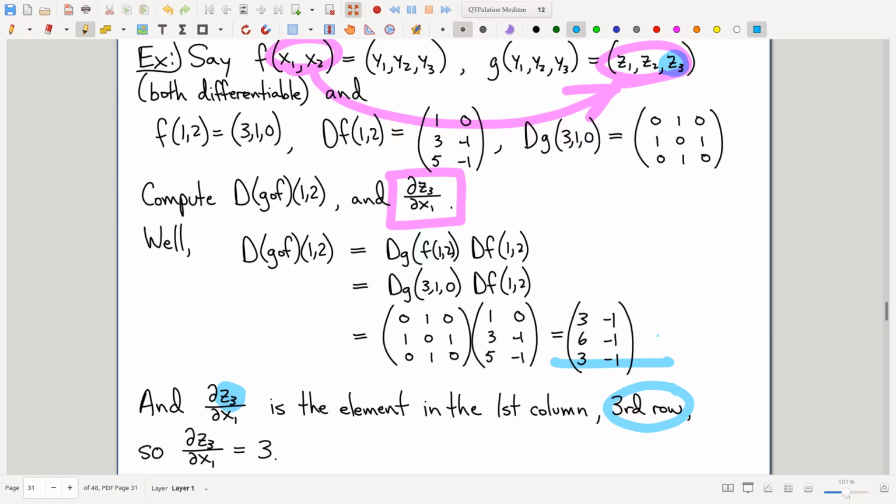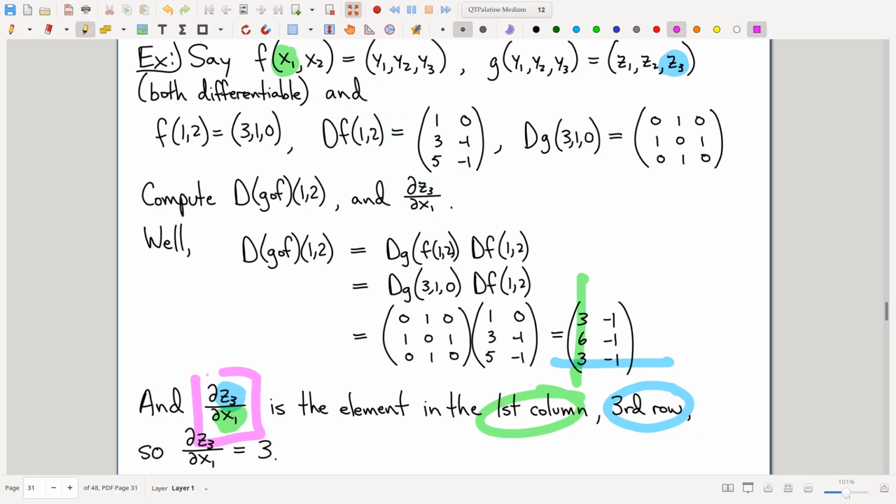And then likewise, we're looking for the partial with respect to x1. x1 is the first of our input variables. Input variables correspond to columns. So first input variable means we're looking for the element in the first column. And so this partial derivative is in the first column, third row. That's this number right there, and that is 3. Everybody happy with that?